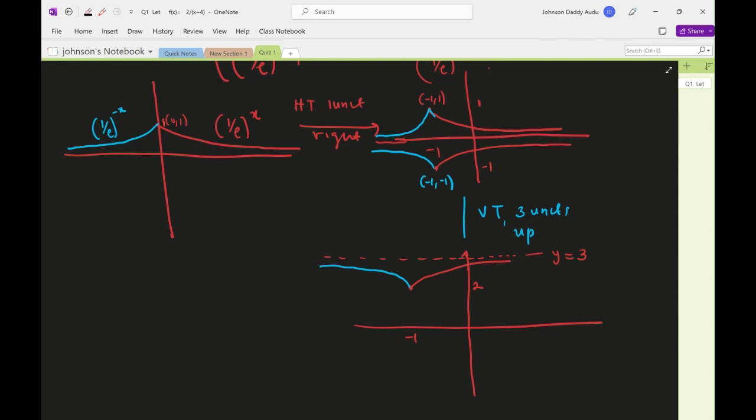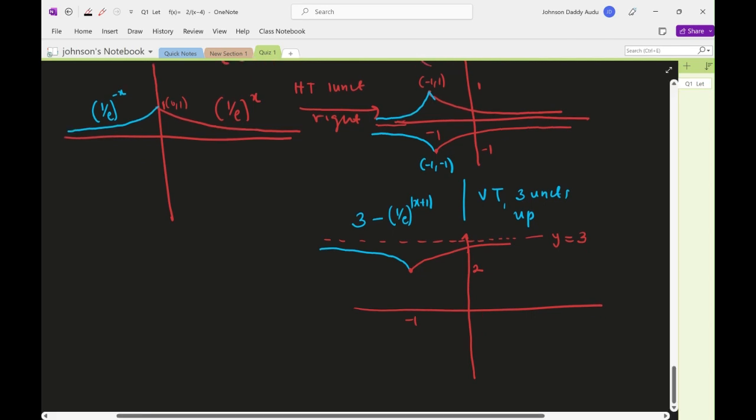So this is the graph of 3 minus 1 over e to the power of the absolute value of x plus 1. So this is the graph.